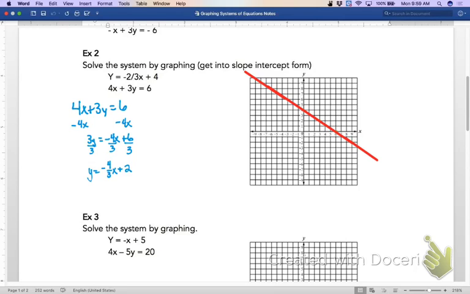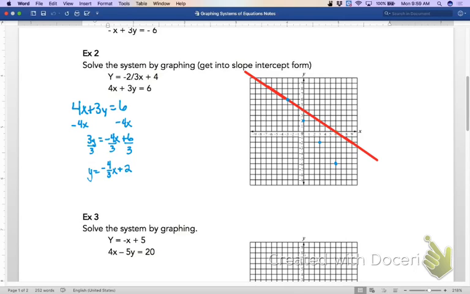So then, now, where am I going to start? Start at 2. From there, I'm going to go down 4, over 3. I can also go up 4, 1, 2, 3, 4, and back 3 if needed. Down 4, over 3.